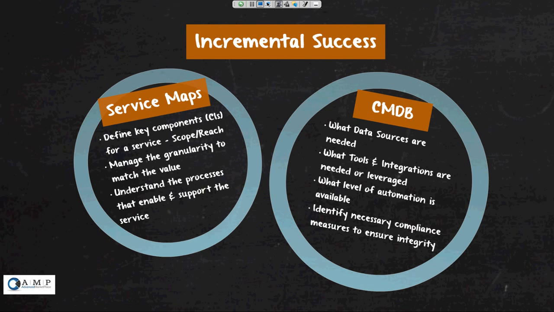But figure out what those service maps are, those important ones, and then let's take it in small pieces. Let's define what are the key CIs for that service, right? And this really starts to help us define the scope and the reach of what we want to do. We have to do an analysis of, based on that service, am I going to change it often?